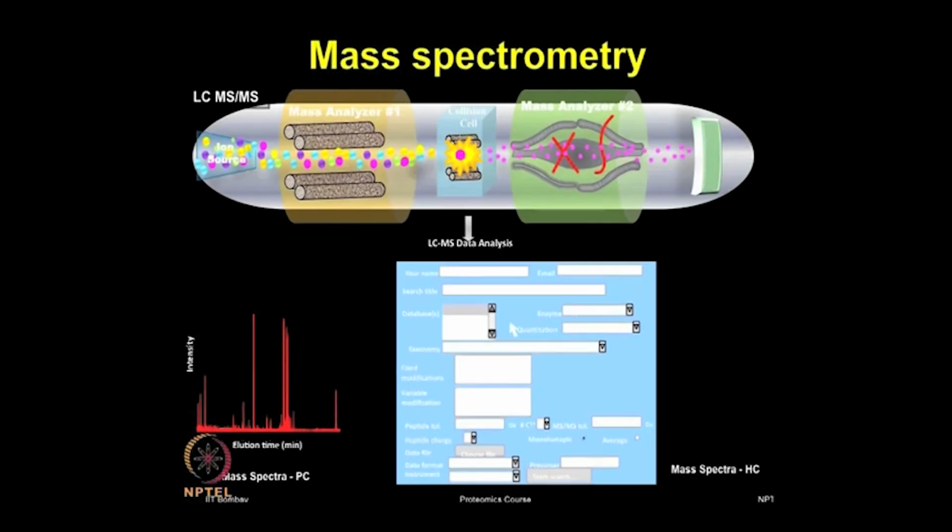Once the spots are analyzed and excised from the gels, then the same tradition you have to follow. You can use any of the mass spectrometry platforms and then obtain the MS spectra for further analysis using different types of bioinformatic tools such as Mascot.